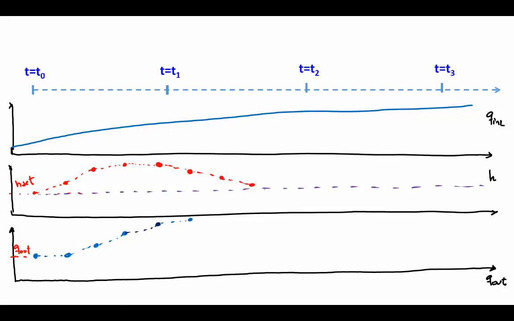Maybe it will cross down here, and then go up, go down, go up, and so forth, and maybe the controller already starts to reduce the Q out a bit.